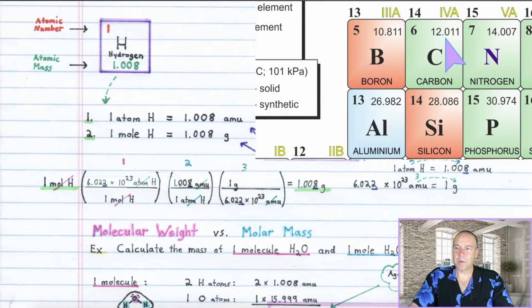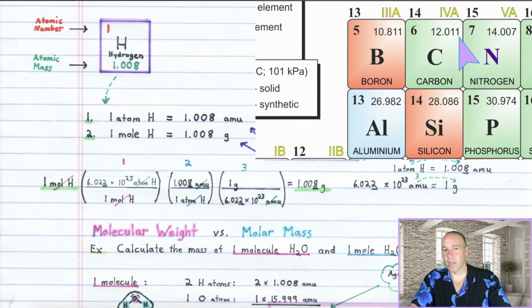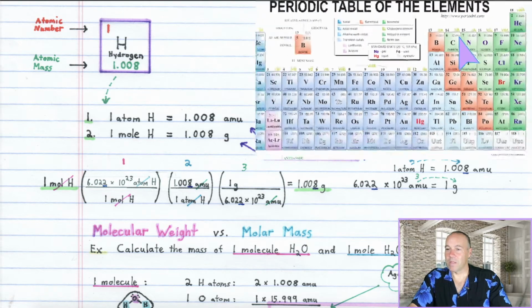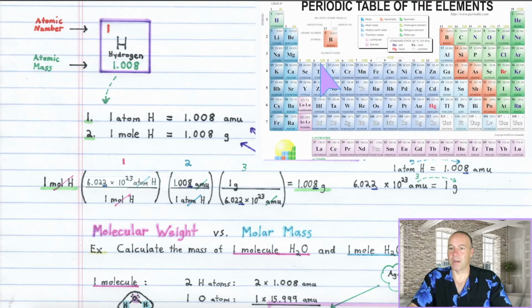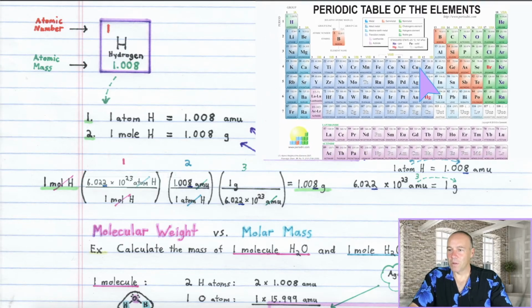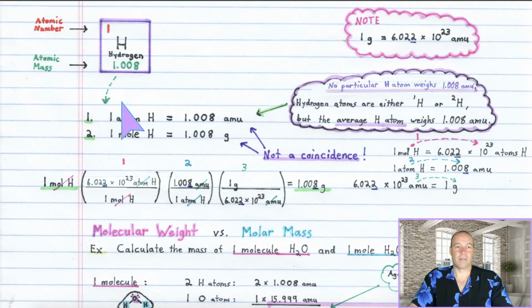So 1 atom of carbon weighs 12.011 AMUs, and a mole of carbon is 12.011 grams. And you can do that for any other element on the periodic table. It's very useful that we can use that number in both ways. Okay, the weight of an atom or the weight of a mole.